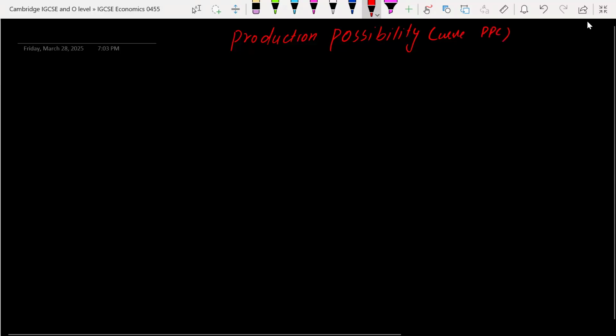One thing more, my dear students, the examiner can call it production possibility frontier also. Means production, this one will be the same, production possibility frontier we can call it.